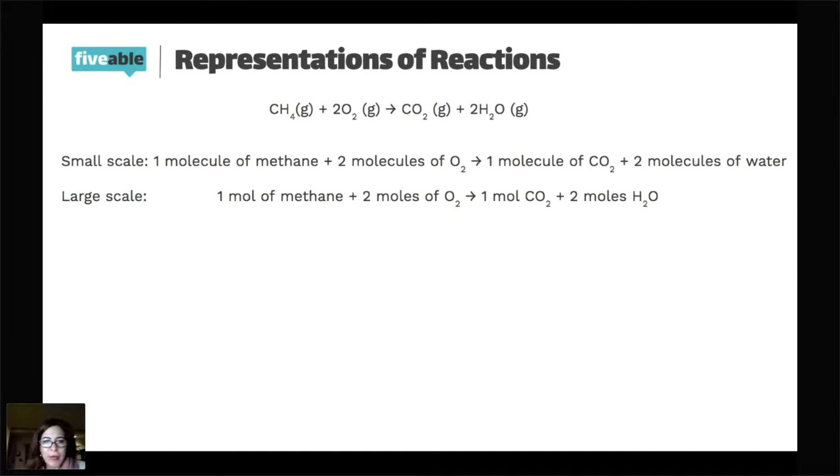Do we remember what a mole is? Who can tell me what is the concept of the mole? Excellent, Nicole. Correct. It's a unit of count. Excellent. And do you remember how many?